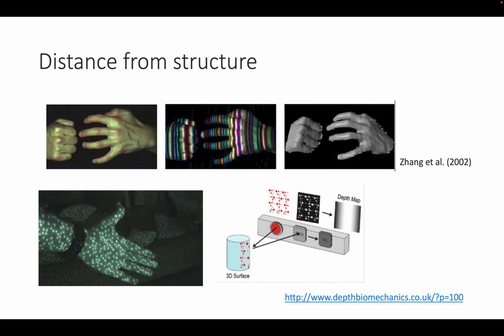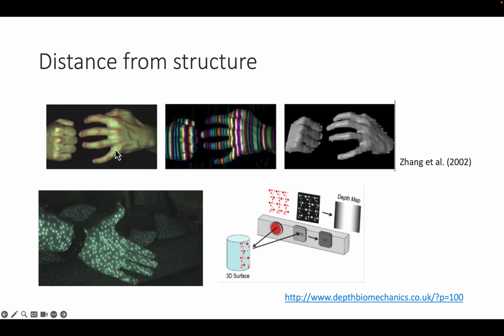We can also measure distance from much more sophisticated information, and this is an idea from 2002 that precursors the Xbox Kinect. And the idea was to say, if I project a pattern that I know, like colorful lines that are straight, they will be deformed in some way depending on the stuff that I shine that light on. And if I can infer the math that relates surface distance to the amount of bending that I see, then I can reconstruct 3D information.